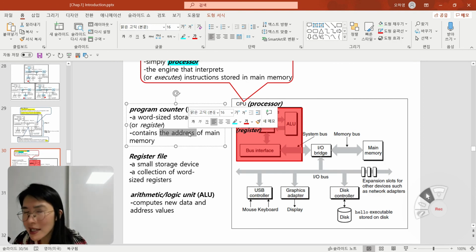So what is the difference between data and the address? Data is big in size, right? But an address is the address of the space of the stored data, right? So an address is much smaller information than the original data, right?